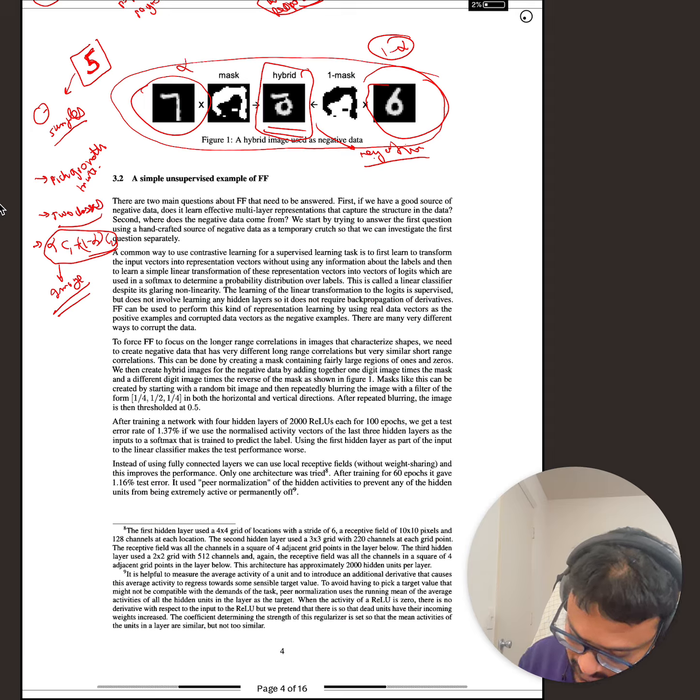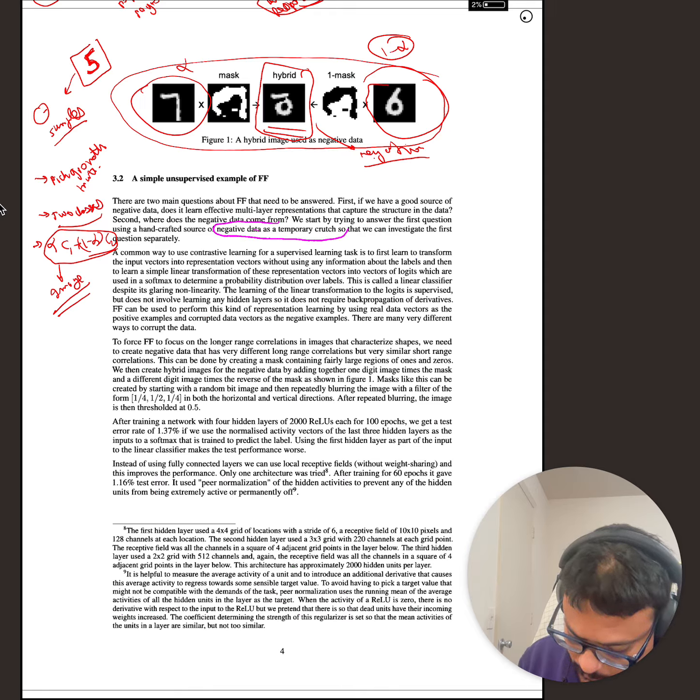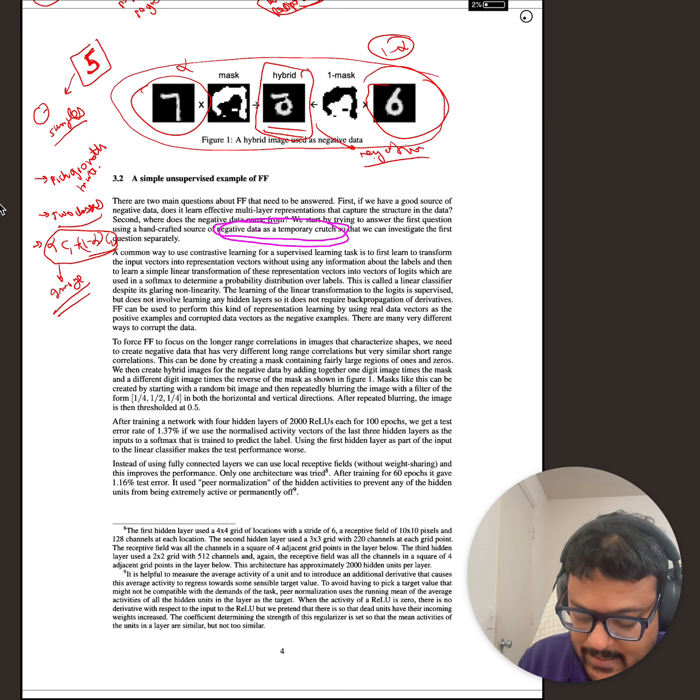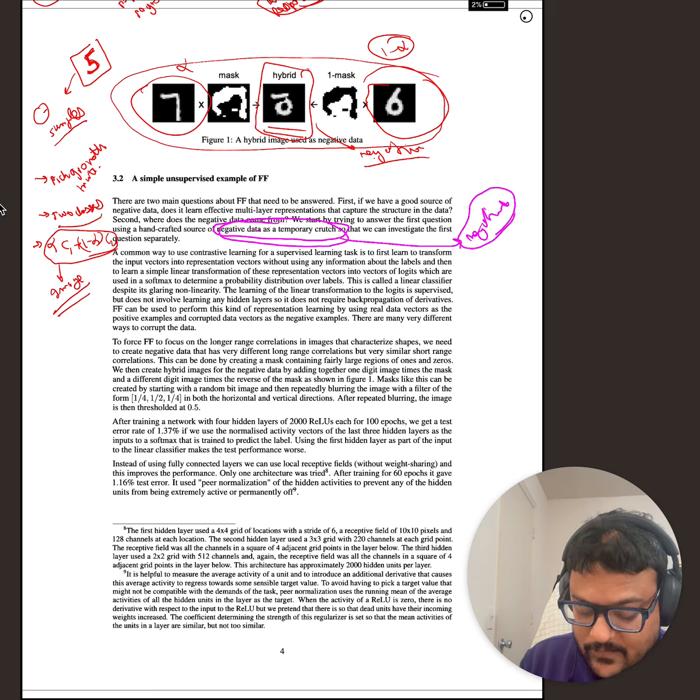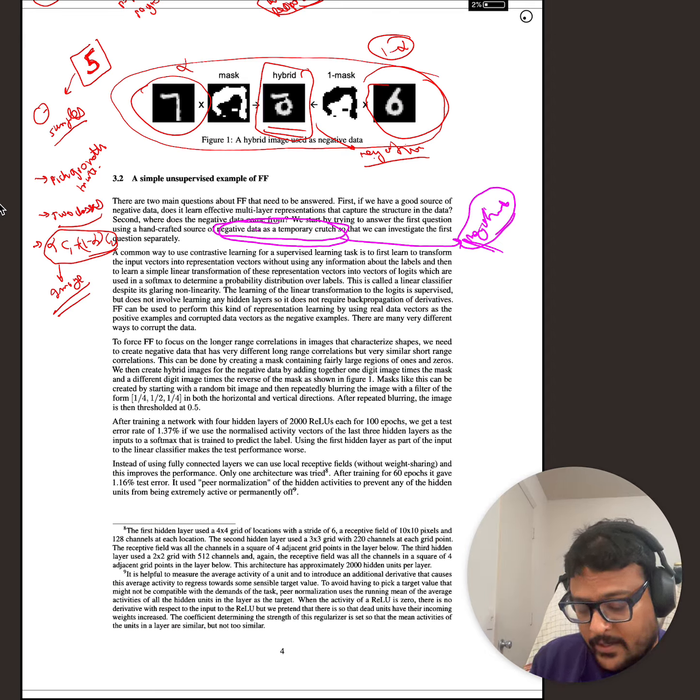Okay, so if you see here, he calls the negative data a temporary crutch. The key point is that he thinks that the negative data will be sampled from the neural network itself, after the network has managed to construct a generative model from which you can sample the negative data. But since he could not figure it out, he had to rely on negative data in forward in the first place.